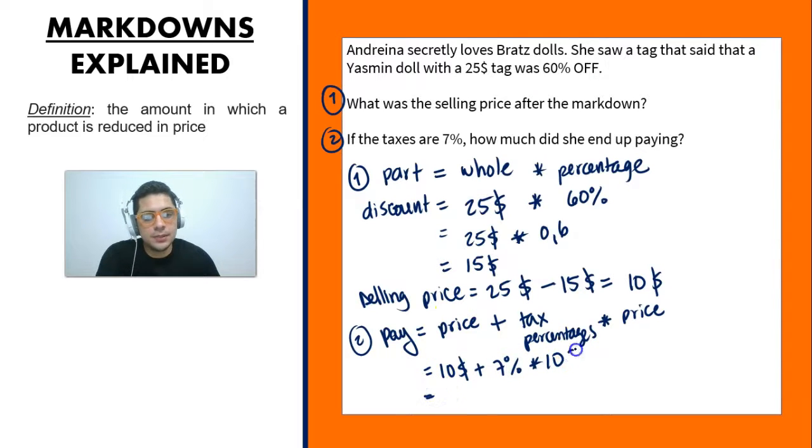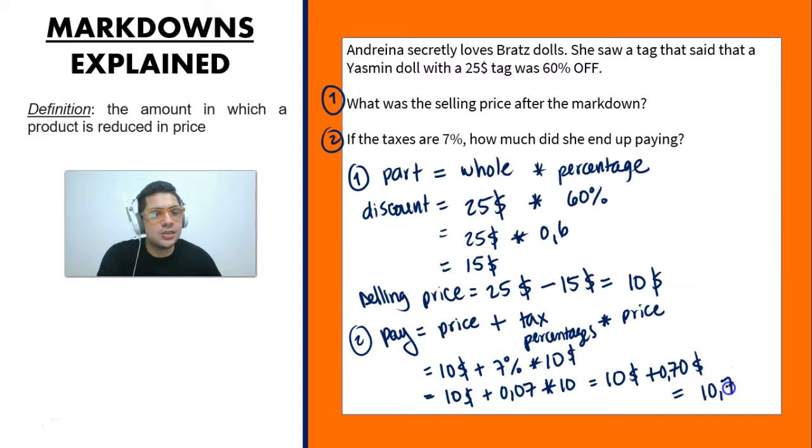That is $10 plus 0.07 multiplied by 10, which is 70 cents. And the total amount she's going to pay is $10.70. And that is pretty much it, guys. Remember, you're first going to calculate the discount, then find the selling price, and then add the taxes in order to know how much you're going to pay.